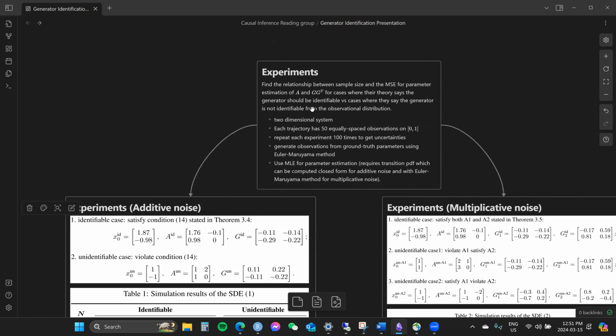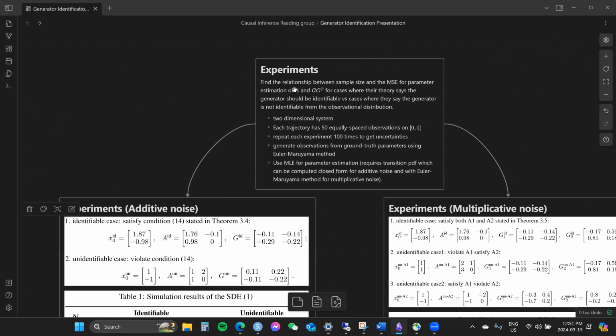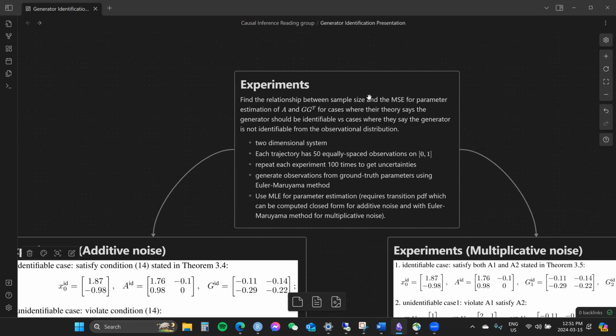So the goal of the experiments is to find the relationship between the sample size, or the number of trajectories they have, and the MSE of parameter estimation of A and G transpose.